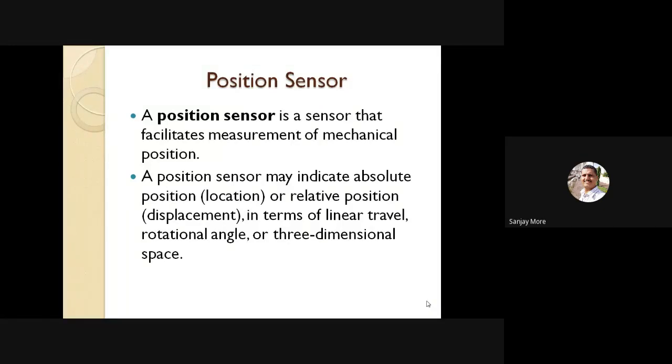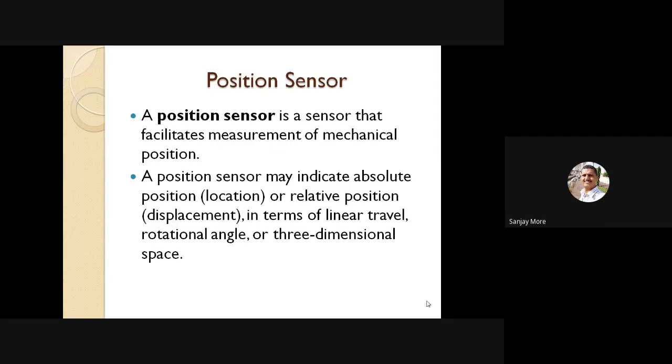They detect or indicate the location or position of an object, part, component or material, and acquire this with the help of sensors to find out the relative position, meaning displacement, in terms of linear travel, rotational angle or three-dimensional space.